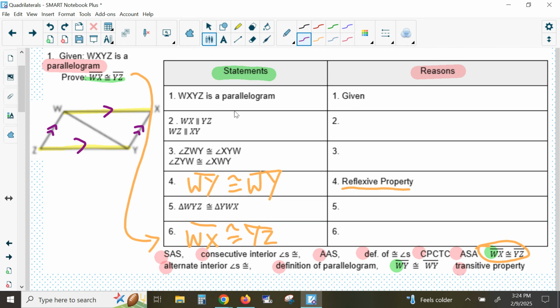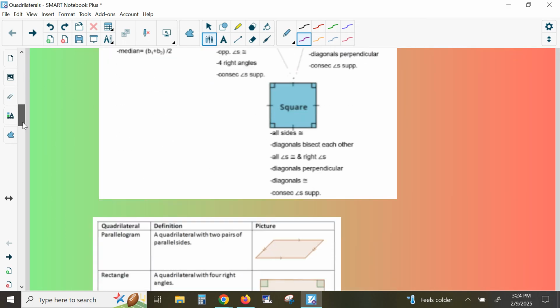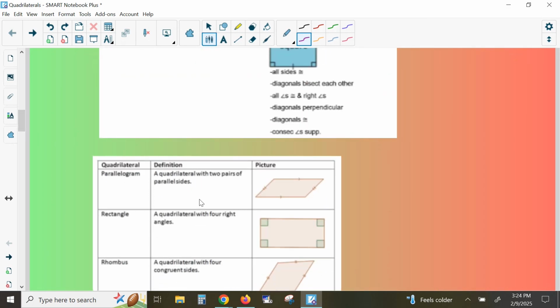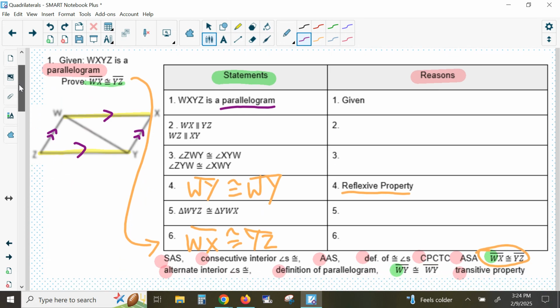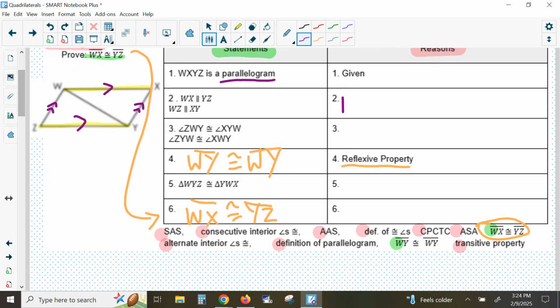It has to be something from above. So it's probably this word right here. It's probably the definition of parallelogram. Because in our definition of parallelogram, didn't it say that? Parallelogram: quadrilateral with two pairs of parallel sides. So, yep, it says it right there in the definition. So we do know that this is going to be a definition of parallelogram.